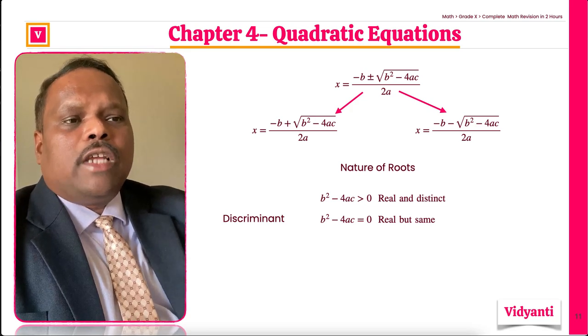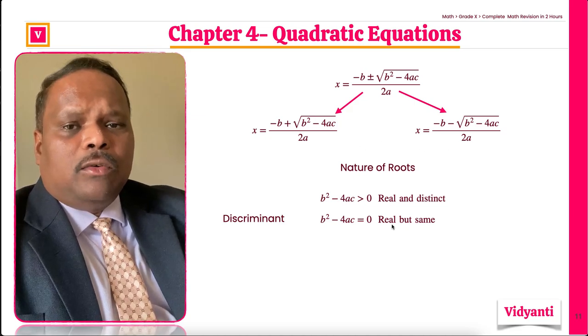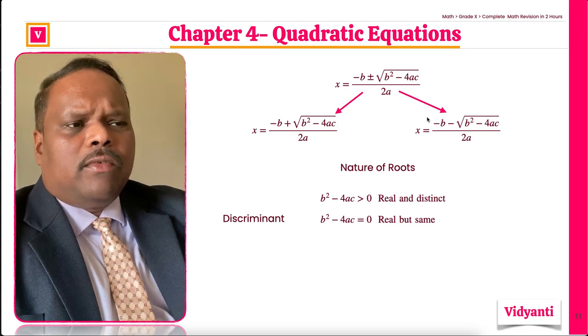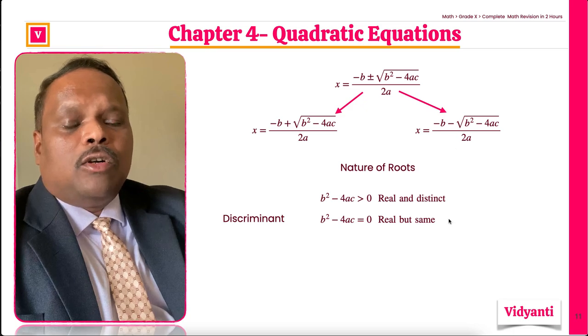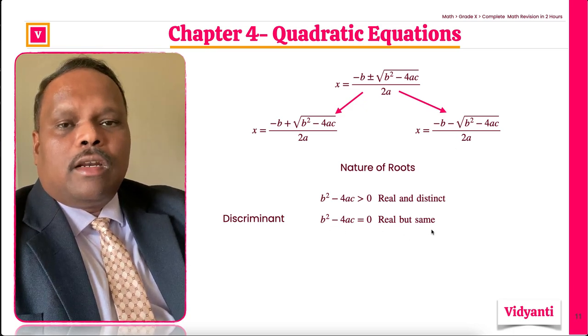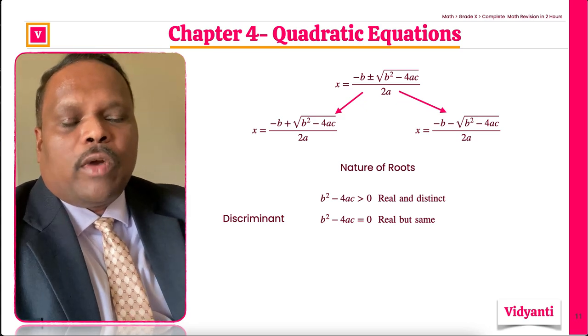That is the reason you will get two equal roots. They will be real, you will be able to compute them, but there is not going to be any difference between these two roots. So if b square minus 4ac is equal to 0, you will get real but identical roots, repeated twice.